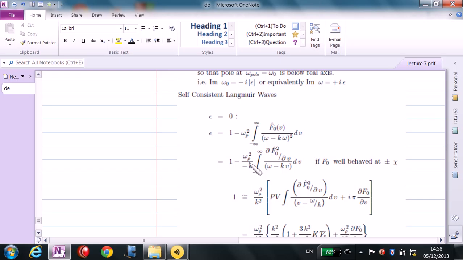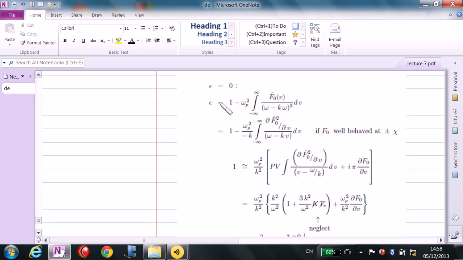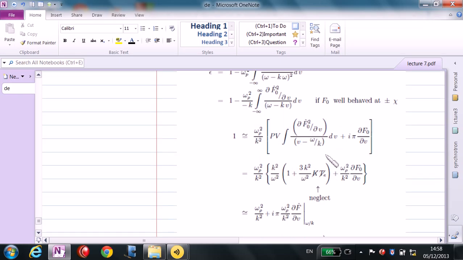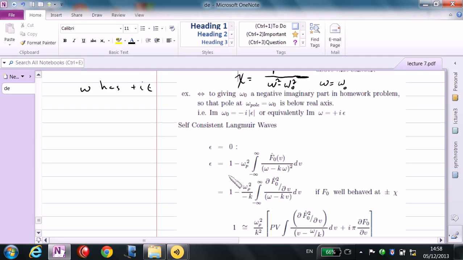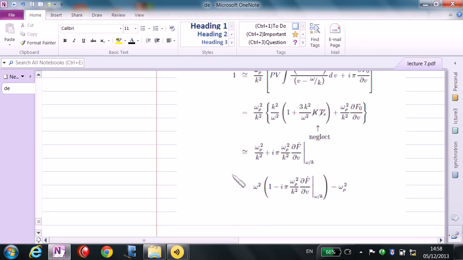Let's go into self-consistent Langmuir waves. This is the equation. What you have to do is solve this, and it's all algebra. From here, you get epsilon equals 0, which is equal to this quantity.